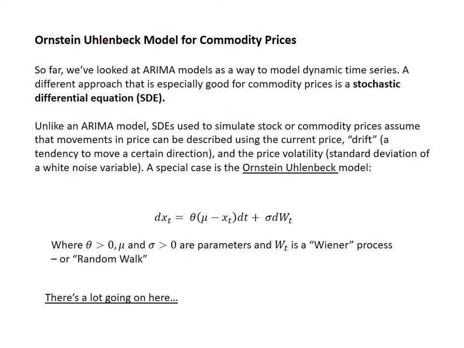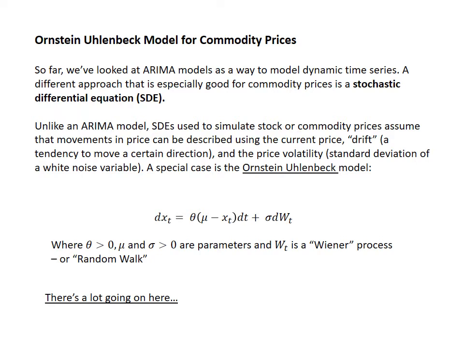And I want to go through each part of this equation and explain the mechanics of this. Part of it is we're assuming some drift, some tendency to move in a certain direction, whether it's up or down, and then we're including some volatility, which is similar to what we saw in autoregressive models in terms of a white noise process, so some sort of randomness built in.